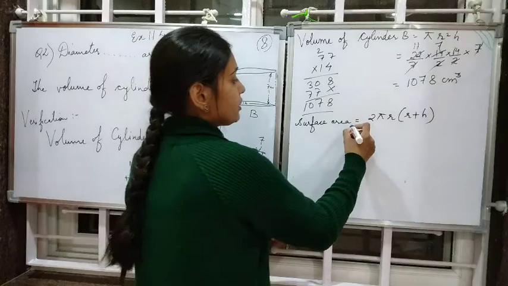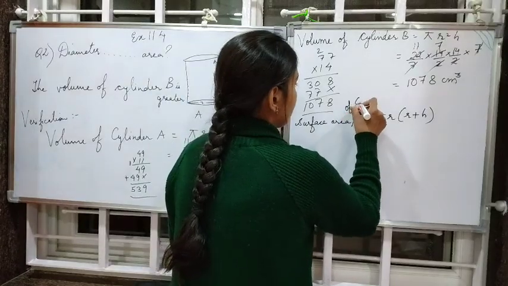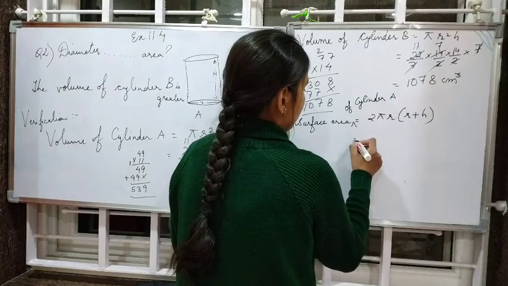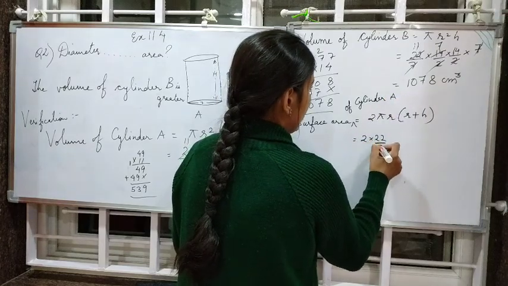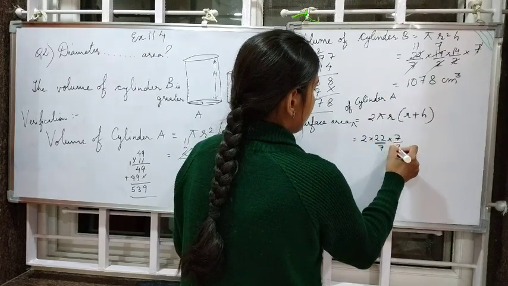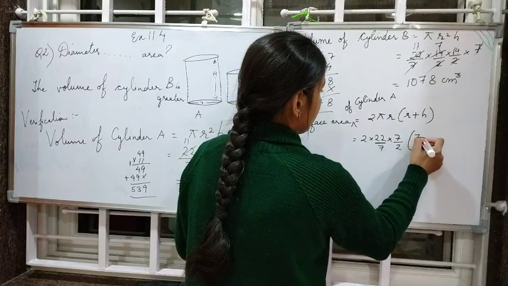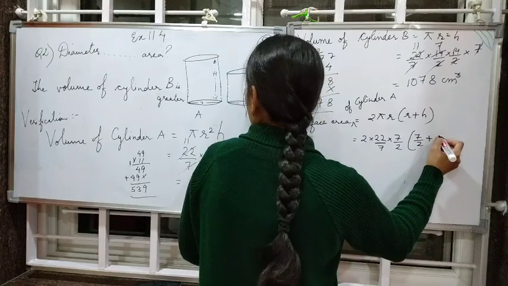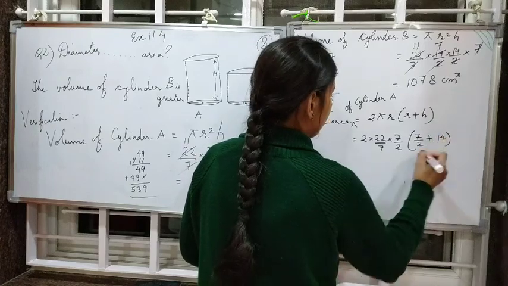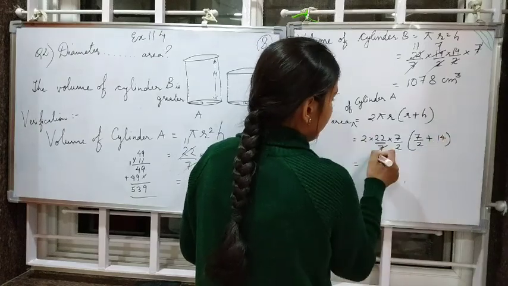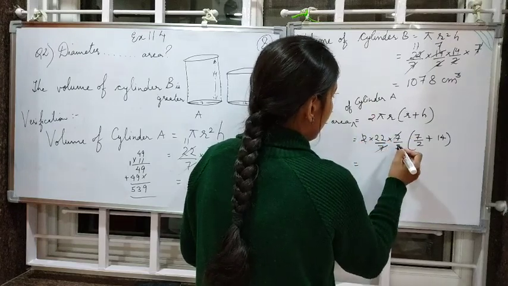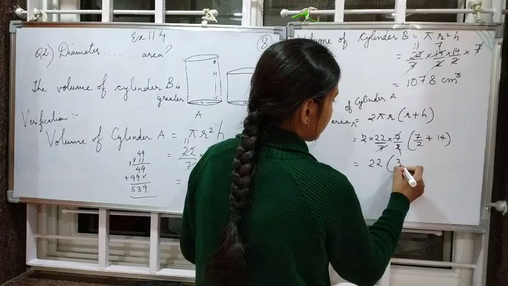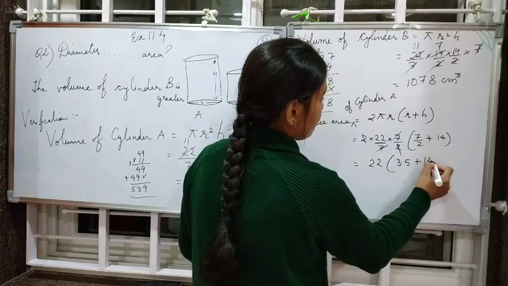Okay, so surface area of cylinder A. So 2 into 22 by 7 into 7 by 2 into 7 by 2 plus height is how much? 14. So here 7 and 7 got cancelled. 2 and 2 got cancelled. 22, and here we take this as 3.5 plus 14.